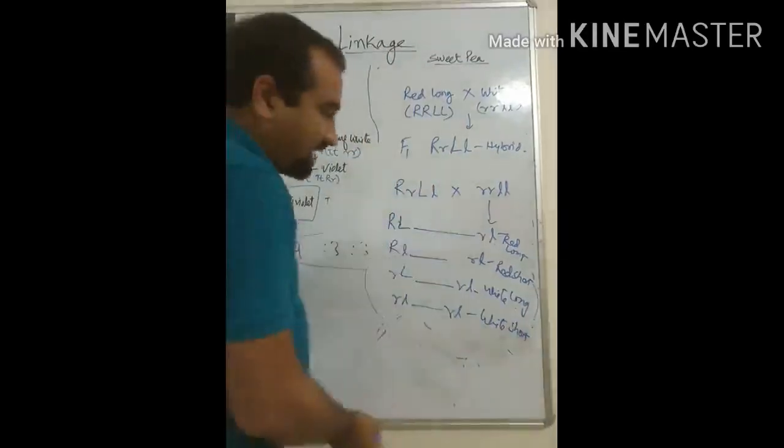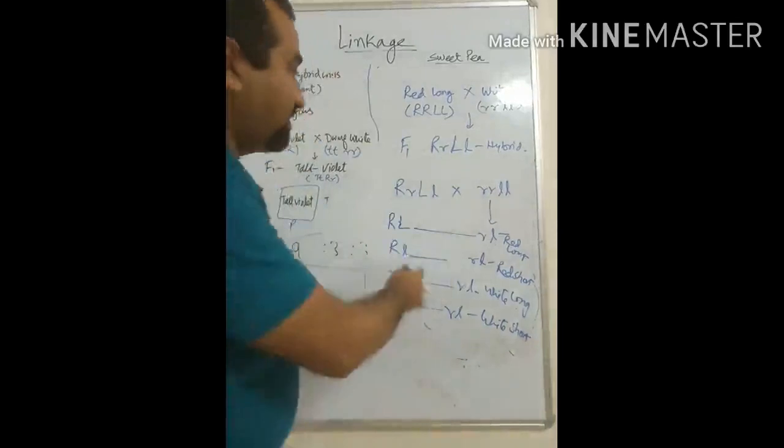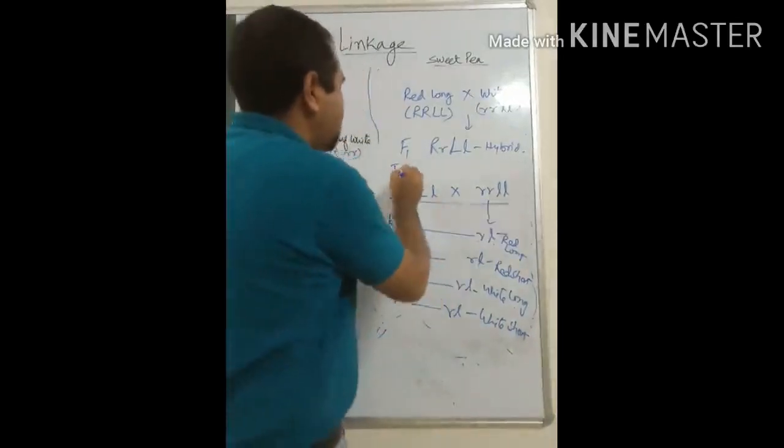So all four types of phenotypes are obtained in the test cross.